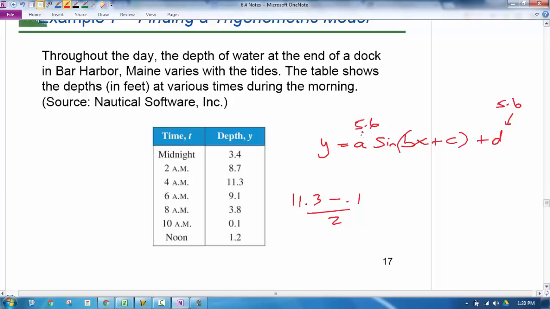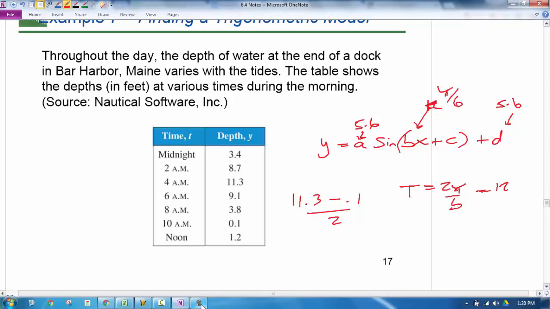And that's also the amplitude. And then the period, I'm sorry, the period is equal to 2 pi over b, which is equal to 12. So I would do 2 pi over 12, which is pi over 6. So I'd enter in pi over 6 for b.